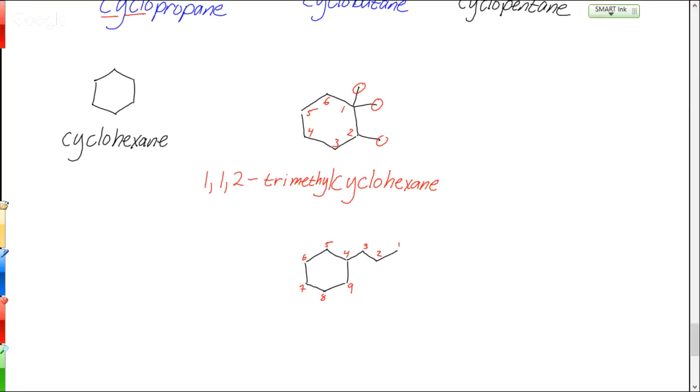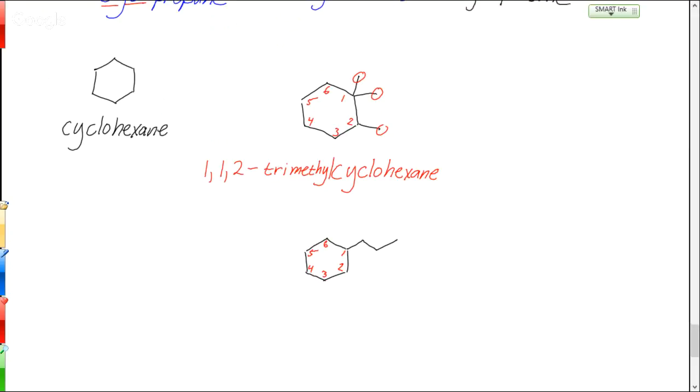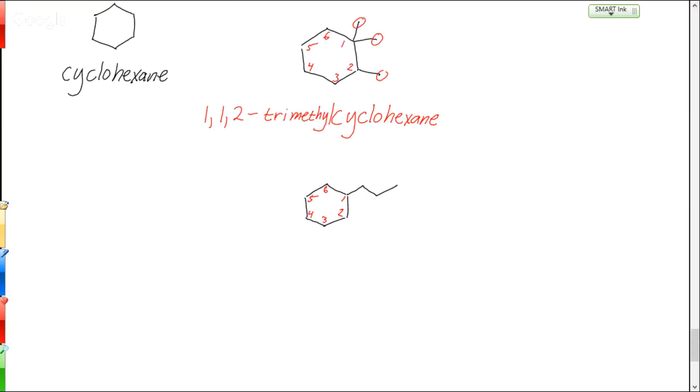When you see that ring structure, you only count the carbons inside that ring as the carbons in the main part of the chain. So this is also a cyclohexane, and this would just be propylcyclohexane, or maybe 1-propyl. If there's only one thing attached, we don't really need the 1 because it doesn't matter where 1 is, but to be consistent, we can call it that.